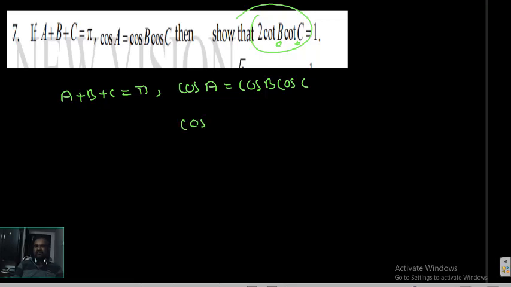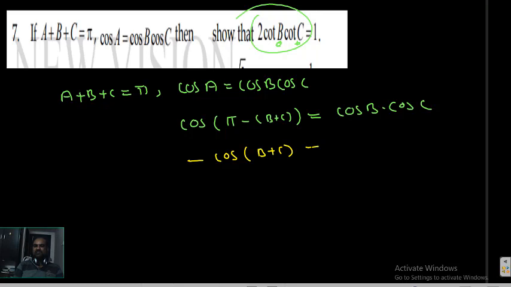So instead of a I can write cos of pi minus (b plus c) equal to cos b into cos c. Cos of 180 minus theta is minus cos theta, so minus cos of (b plus c) equal to cos b cos c.